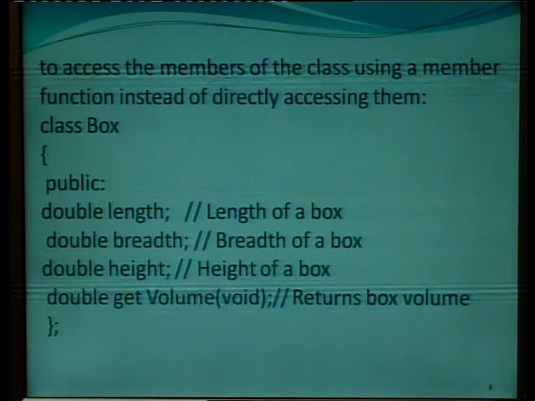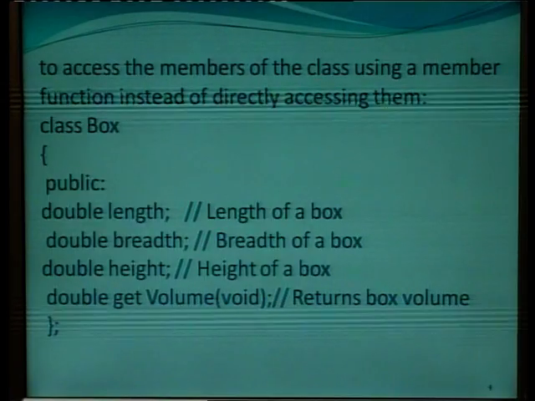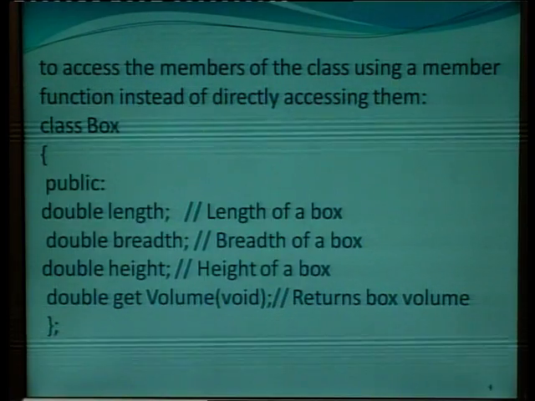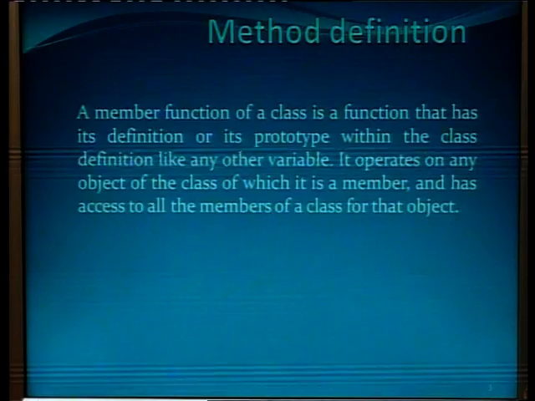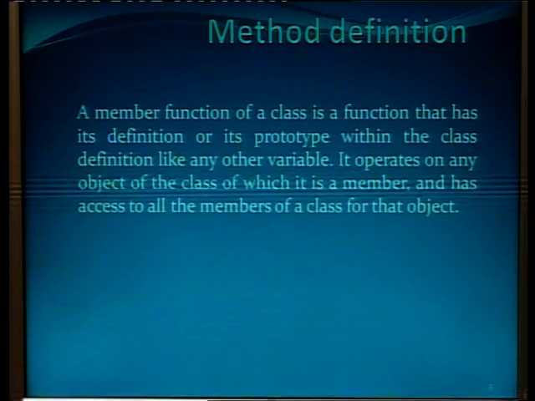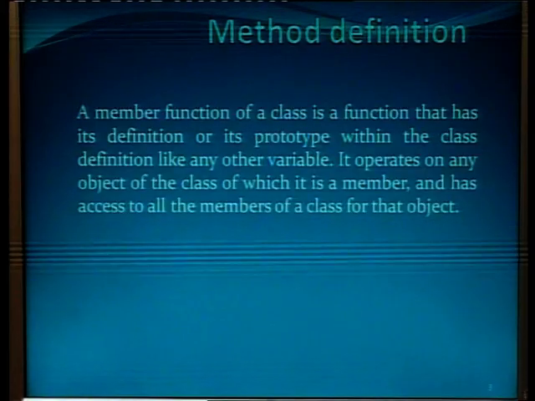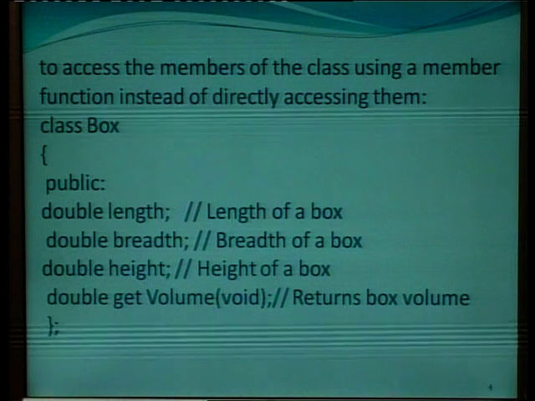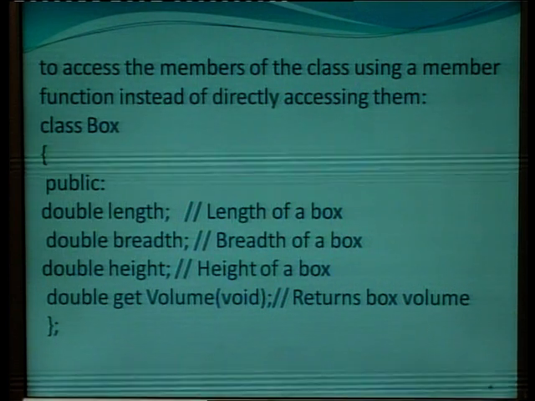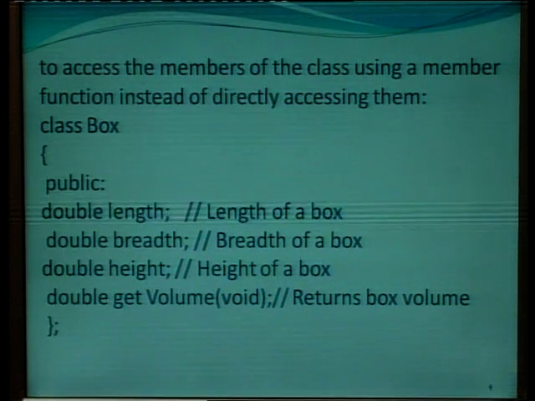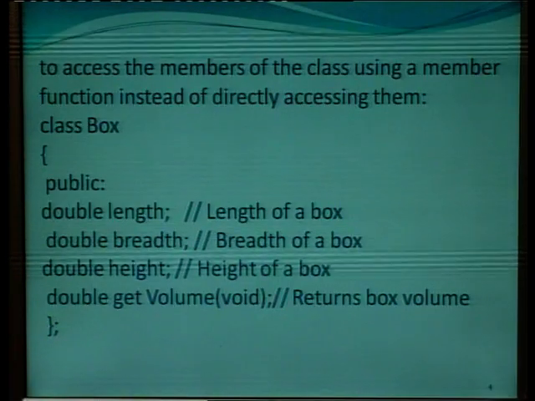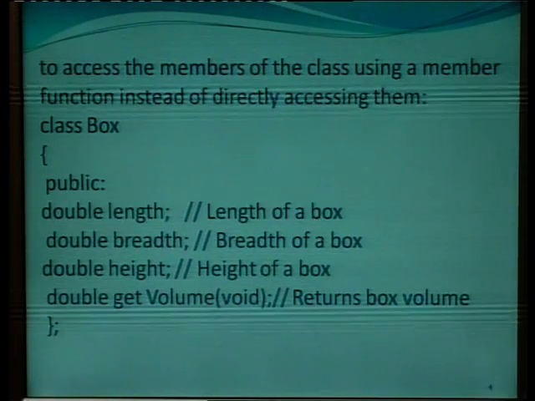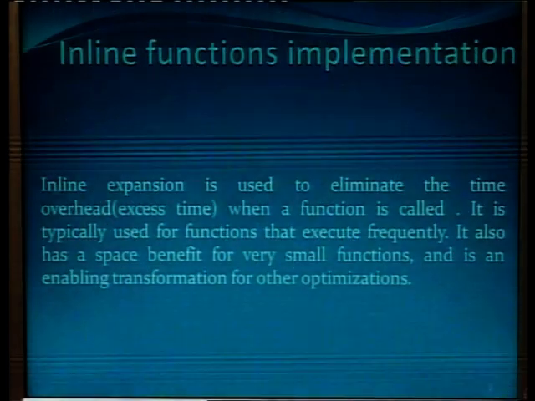So this is one function declared within the class, because in this definition the member function's definition or prototype is within the class definition like any other variable. We declare it like an integer variable or float variable, the same way in the class.